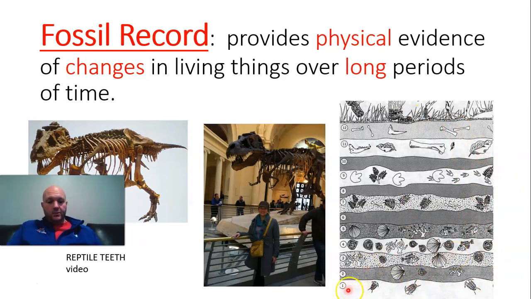This is that so fresh law of superposition stuff we learned before. Things at the bottom tend to be the oldest stuff, and then as you come further up, you're looking at more recent developments in evolutionary history, but you should see organisms that change from here to here as you move on up through this process. That is what the fossil record shows.